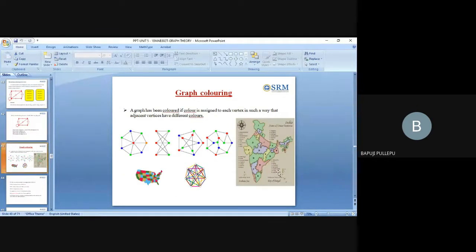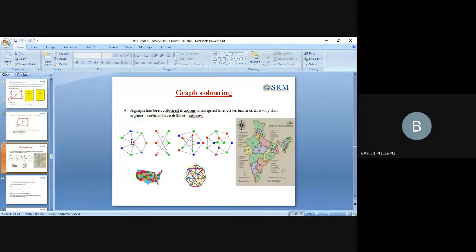Now graph coloring. A graph has been colored if a color is assigned to each vertex in such a way that adjacent vertices have different colors.